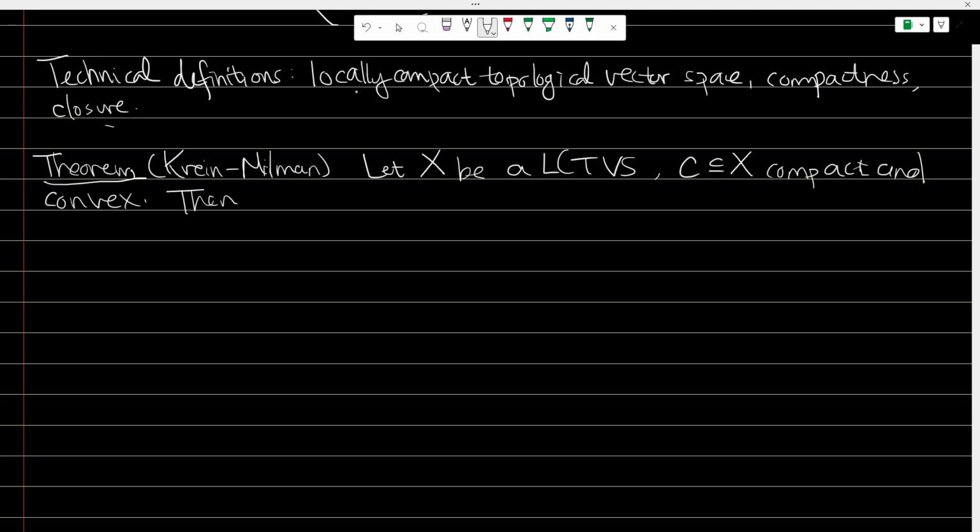Then C is the smallest closed convex set containing its extreme points.